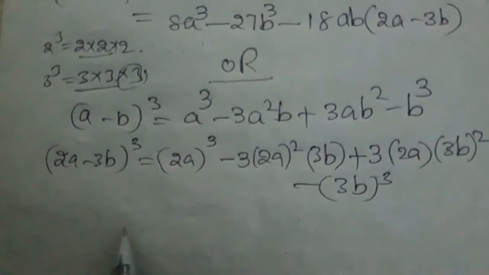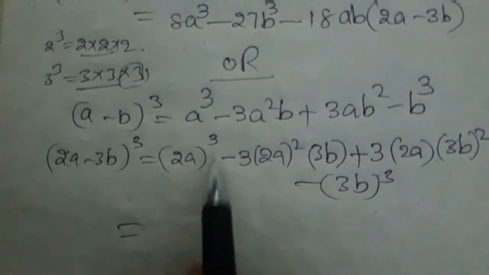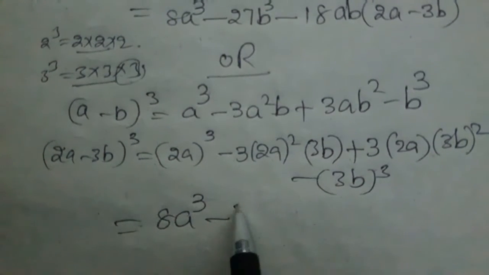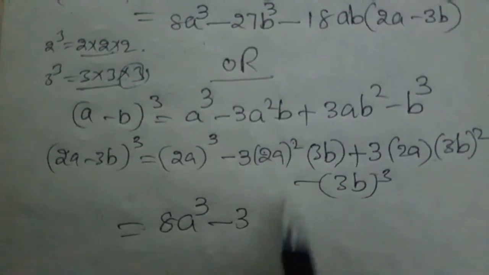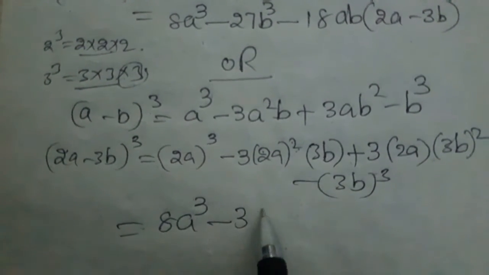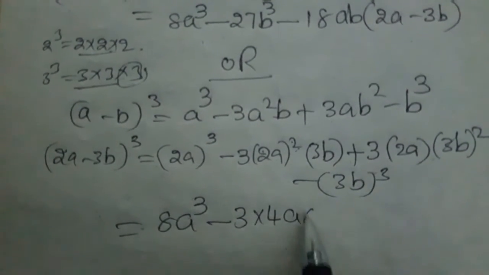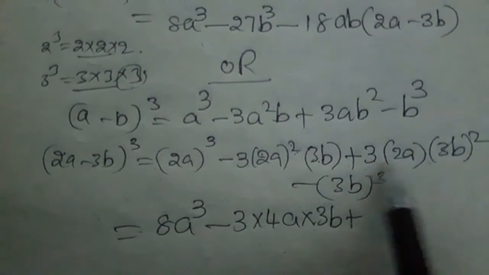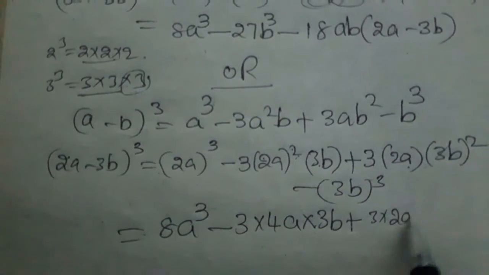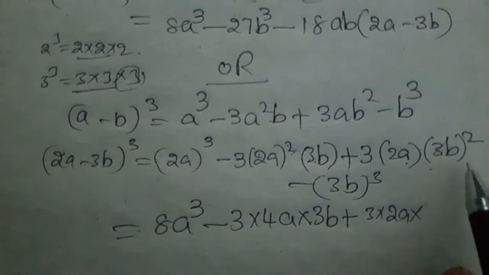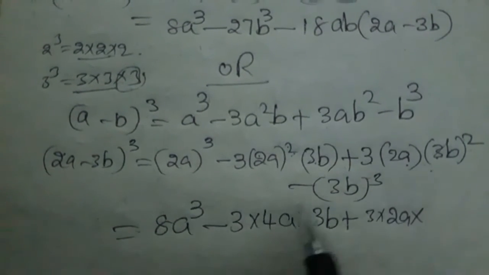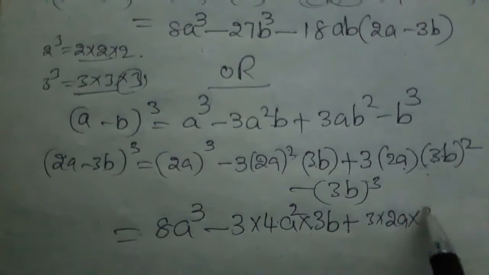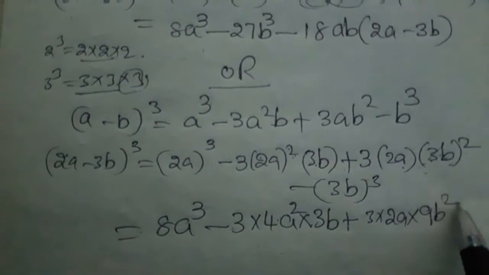Understood? That equals 2 multiplied 3 times, that means 8a cube, minus 3 into 2 square, that is 4a, into 3b. Next plus 3 into 2a into 3 squared, that is 9b square.